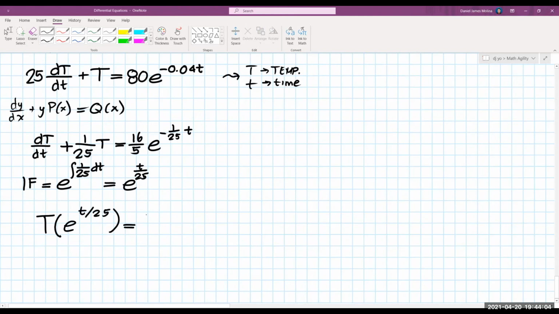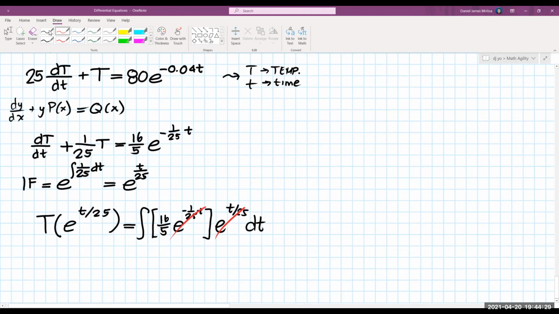That is equal to the integral of the right-hand side. We have 16 over 5 e raised to negative 1 over 25 t times the integrating factor e raised to t over 25 dt.